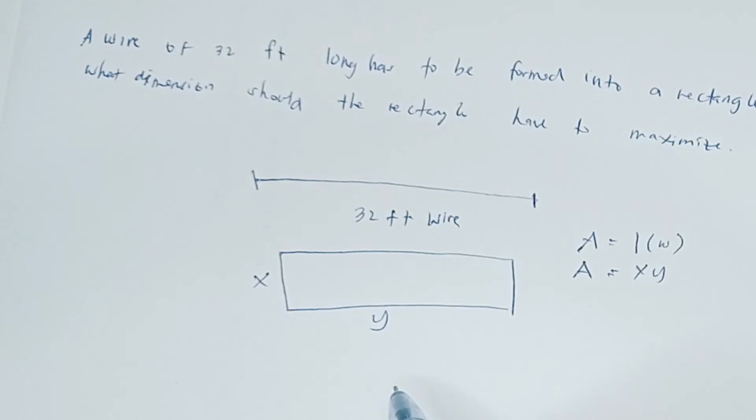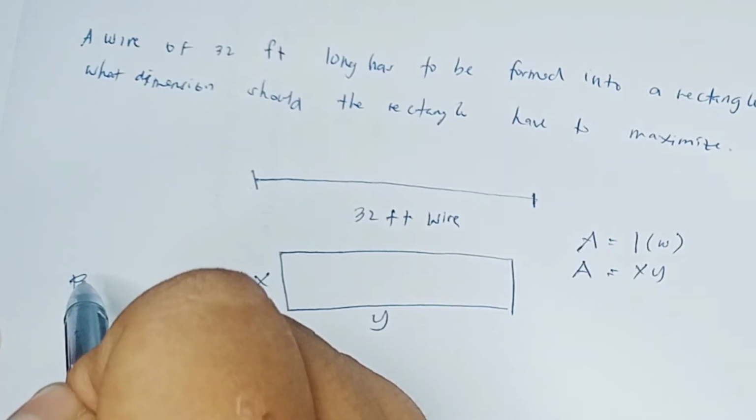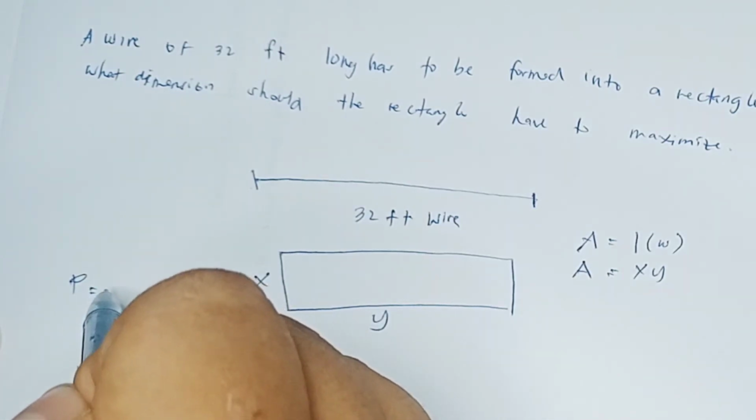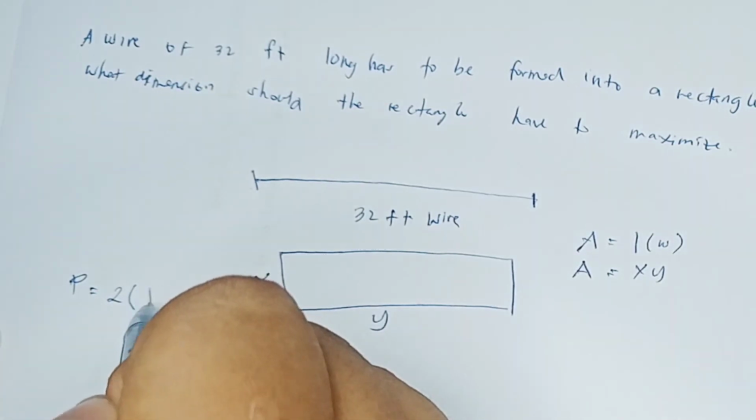Now to find y, we must first use the formula of the perimeter. The formula of the perimeter is P is equal to 2 times the length and the width.